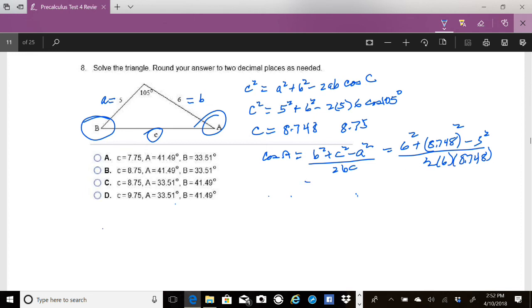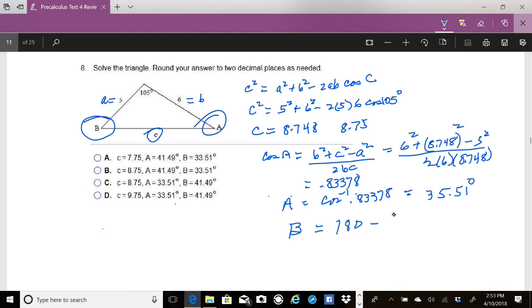So cosine of A happens to be 0.83378. And A is equal to the inverse cosine of 0.83378, which is 35.51 degrees.